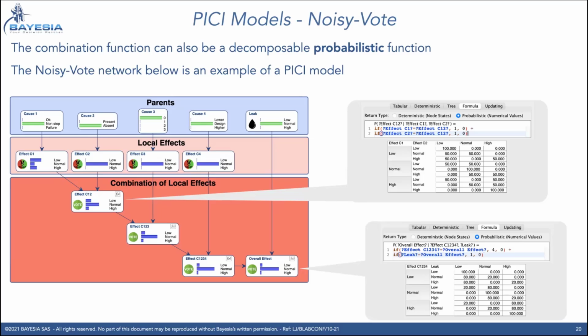So for example, this one, I have low, but it's low coming from this node that is already taking into account 4 different causes, right? So in that case, the weight of this one is going to be 4. So that is the reason why you have 80-20, right? So this is a noisy vote, which is very useful for some applications.